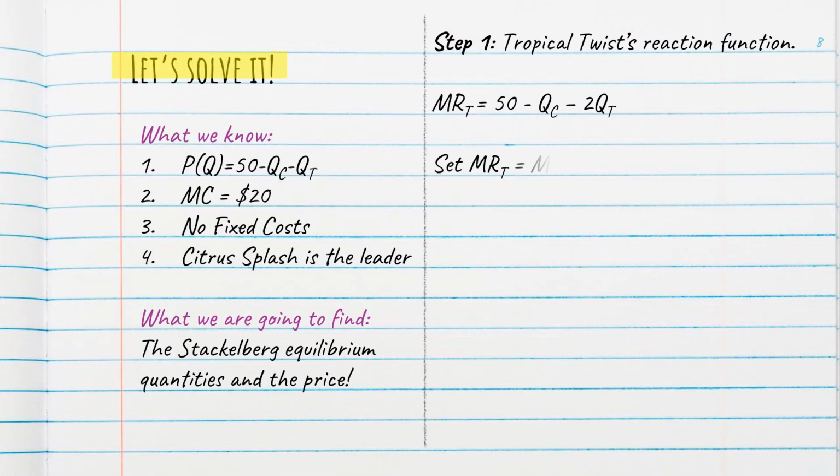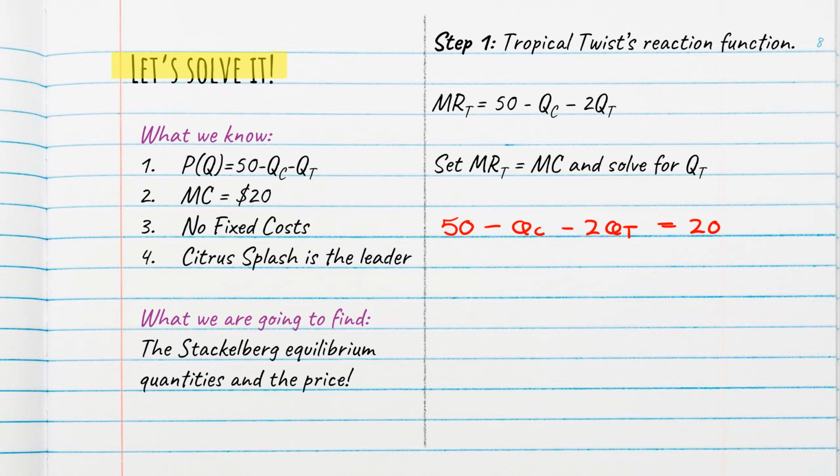We are going to take this marginal revenue and set it equal to marginal cost. That's going to allow us to solve for QT. This will not be a numerical answer, but instead it will be a function that tells us how Tropical Twist should respond optimally to the leader's behavior. So filling in what I know, I have 50 minus QC minus 2QT is equal to 20.